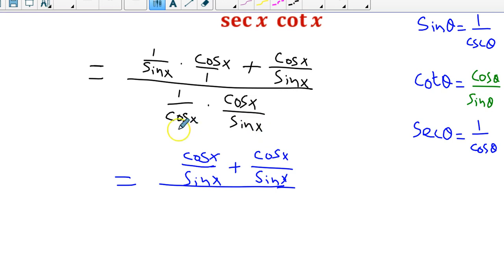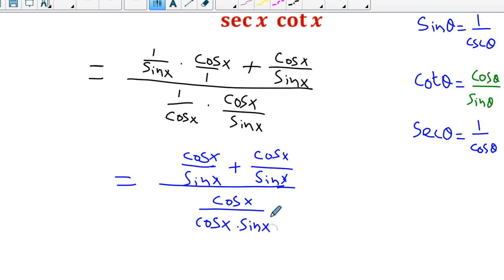So cosine x is present in the numerator and in the denominator, so you can cancel it here, or cancel in the next step. I'll do it in the next step so that it will be easy for you. 1 times cosine x is cosine x, divided by cosine x times sine x.